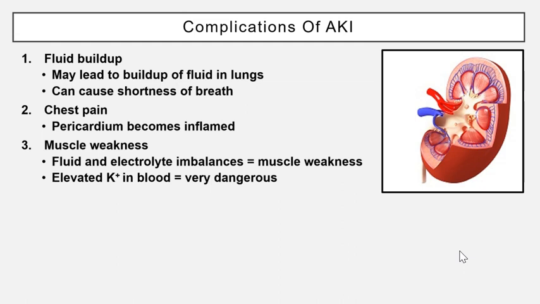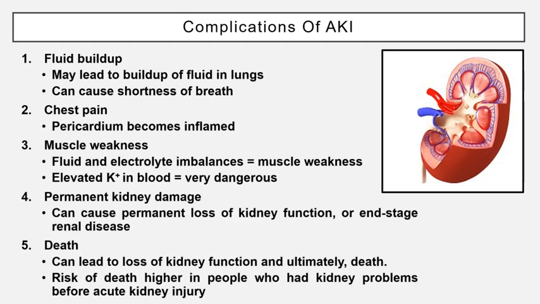The pericardium can become inflamed, and that will cause these chest pains, and then muscle weakness, fluid and electrolyte imbalances. Muscle weakness and elevated potassium in the blood is very dangerous. Again, potassium is one of these things that is regulated by the kidneys, so if it's not being regulated properly, excess calcium is problematic. And then this can lead to eventual permanent kidney damage.